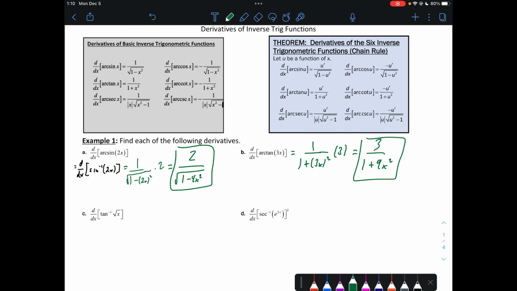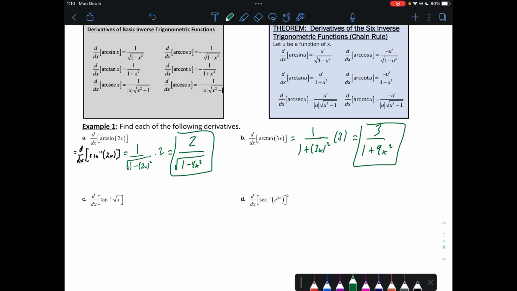Question C, tangent inverse of root x. We're going to use that same rule right here. So it's going to be 1 over 1 plus root x squared times the derivative of root x, so 1/2 x to the negative 1/2.